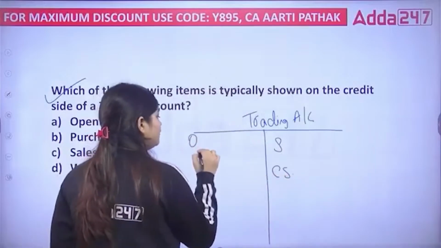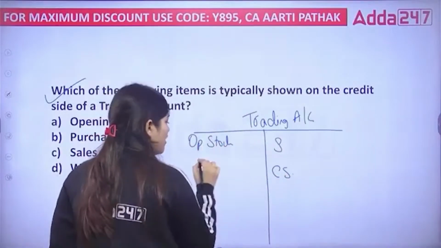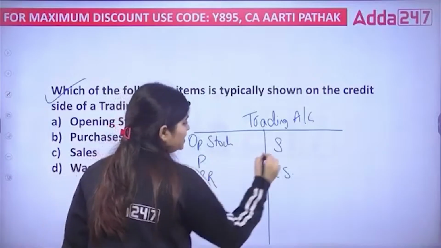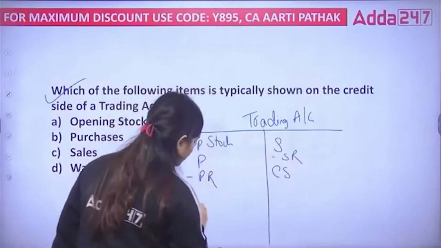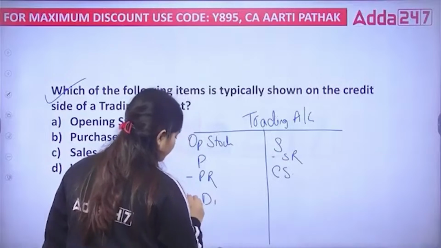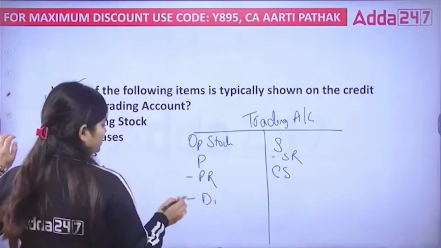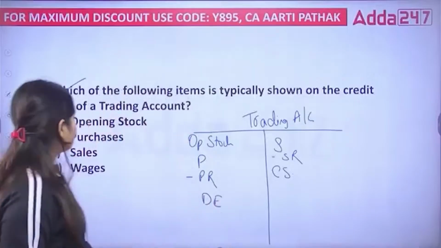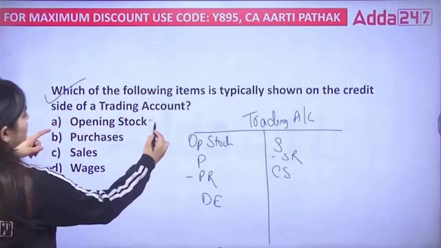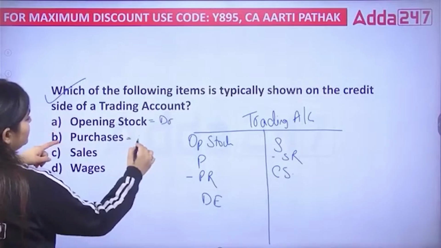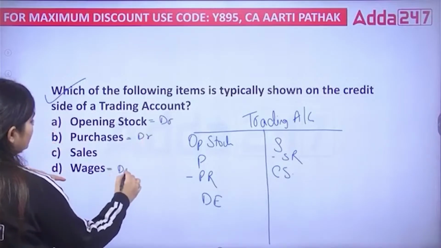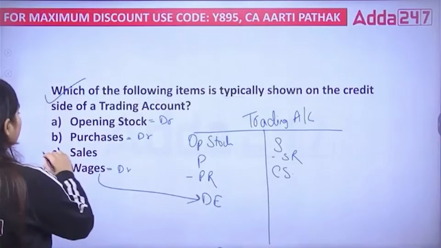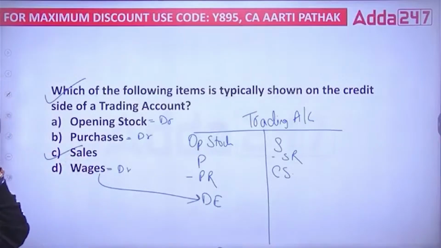Then we have opening stock, purchases, purchase return, sales return, and you are going to add on your debit side only your direct expenses. So opening stock, this is your debit, purchases, again debit, wages, that is your direct expenses, so debit. Correct answer is your answer C, that is your sales.